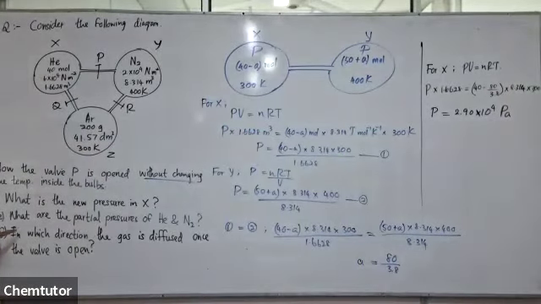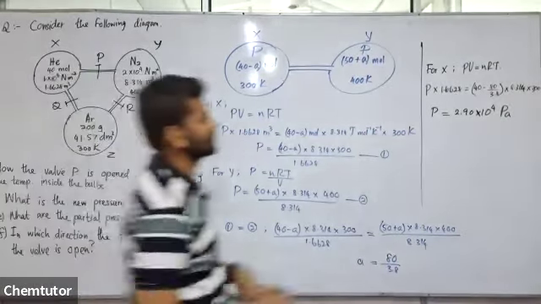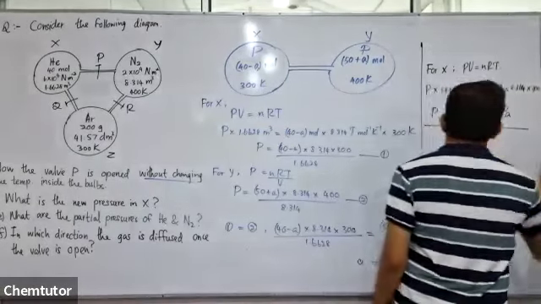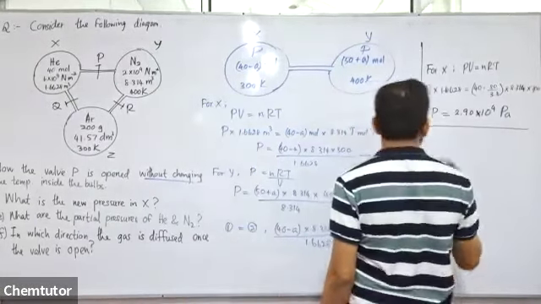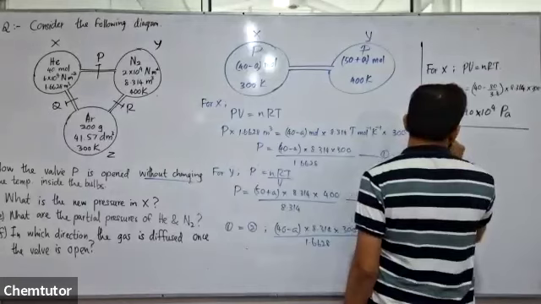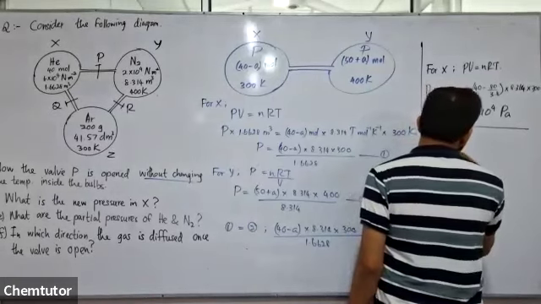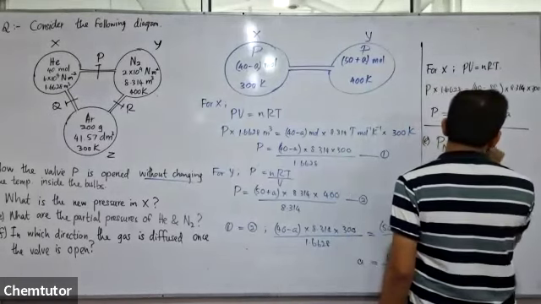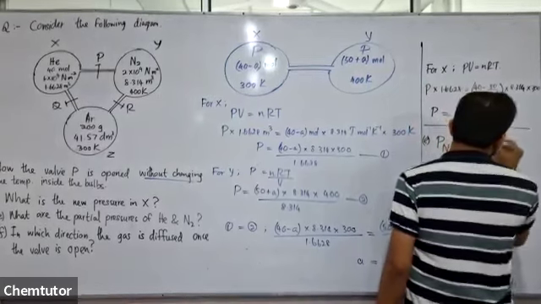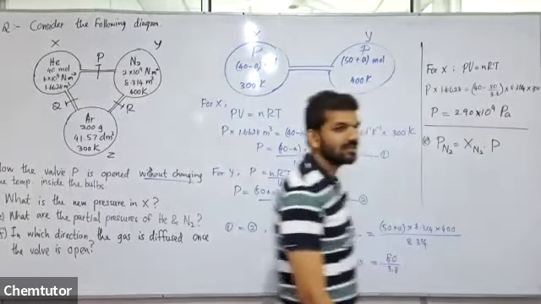Now you are supposed to find the partial pressures of helium and nitrogen. Partial pressure of nitrogen equals mole fraction of nitrogen into total pressure.